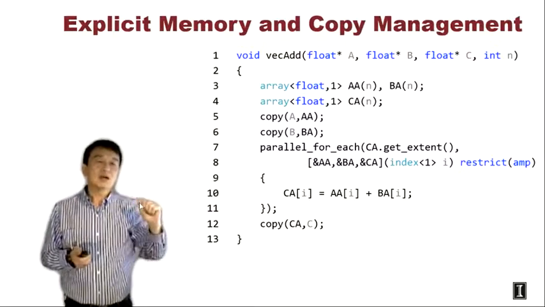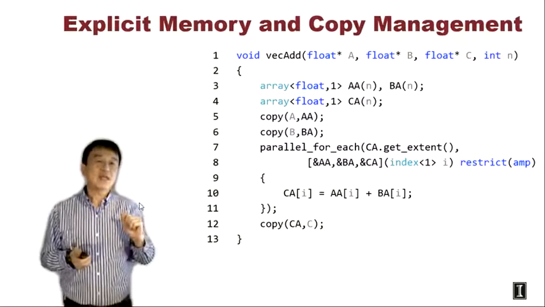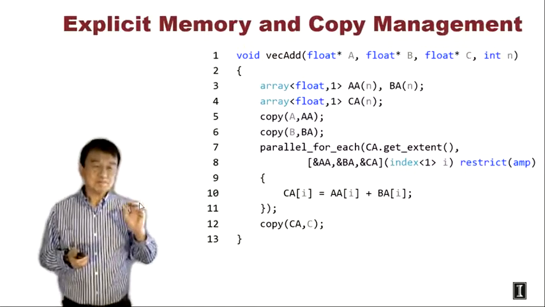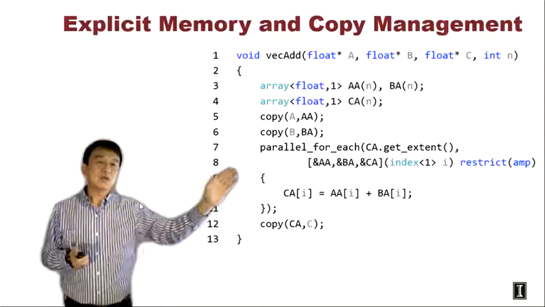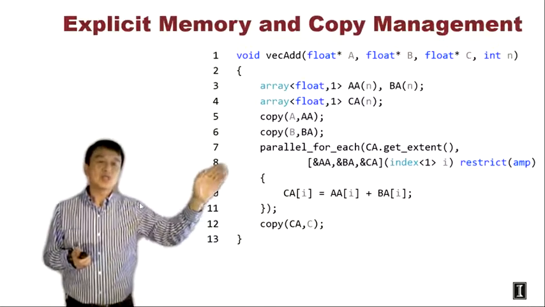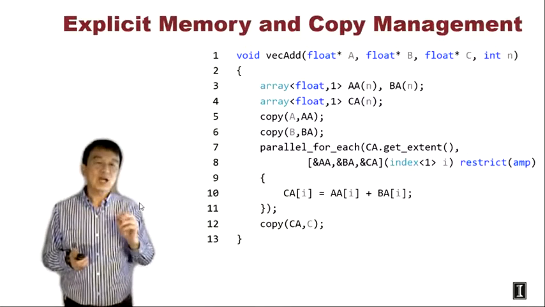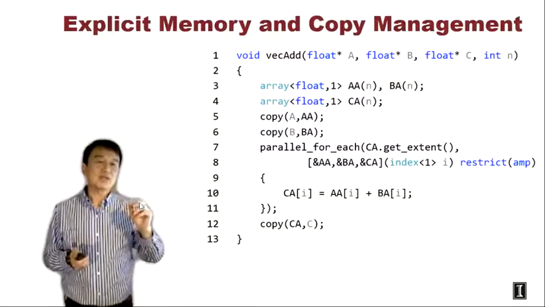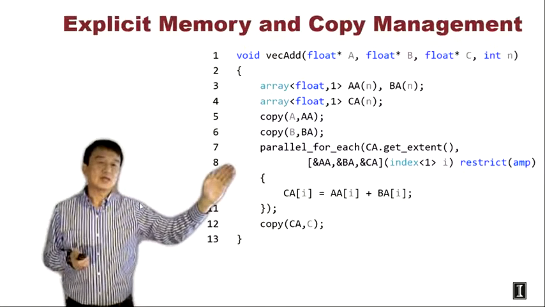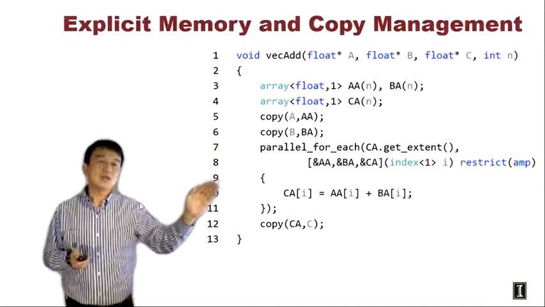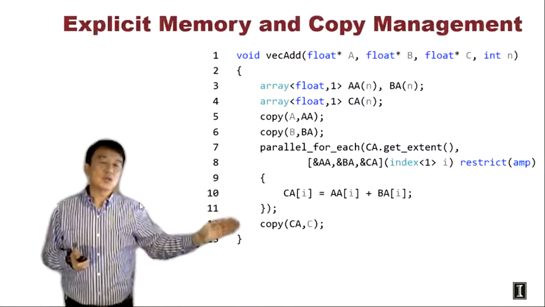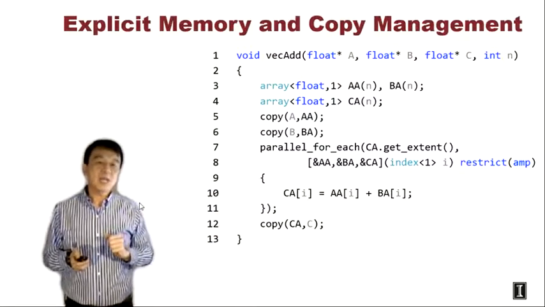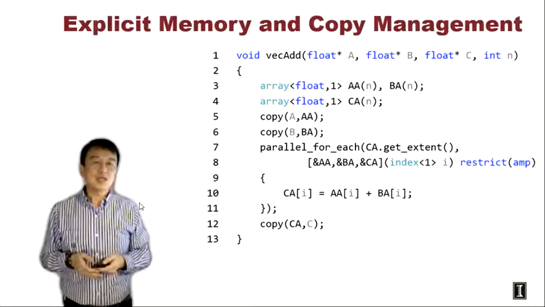In the parallel for each, instead of automatically capturing the values for A, B, and C in the accelerator, we're going to capture the pointers. So these variables are captured by reference, meaning only the pointers to those variables will be passed into the device. And then after the function, we have an explicit copy of C back into the host.